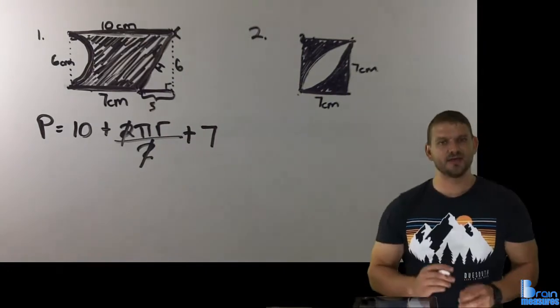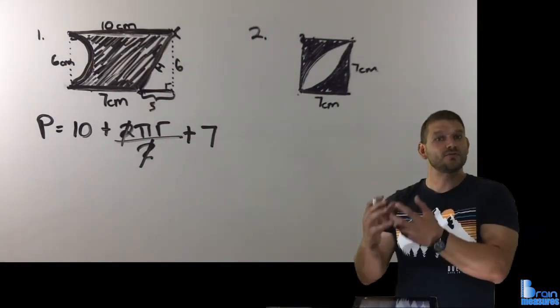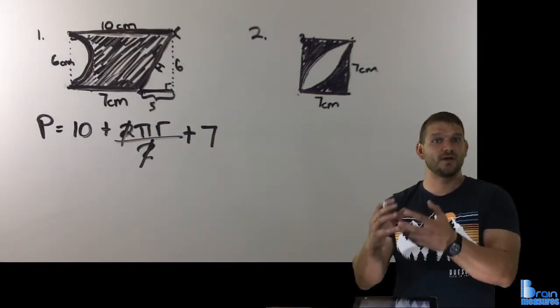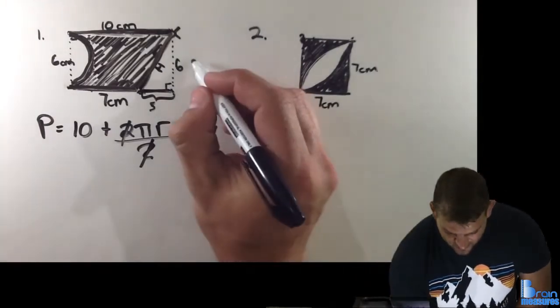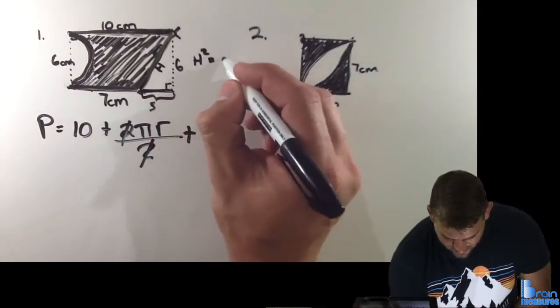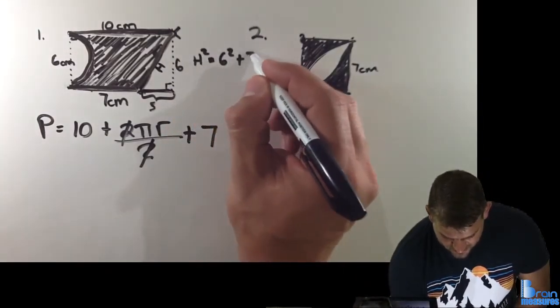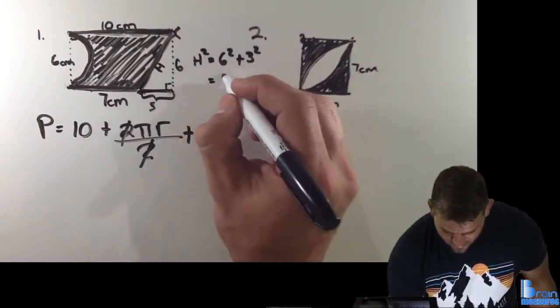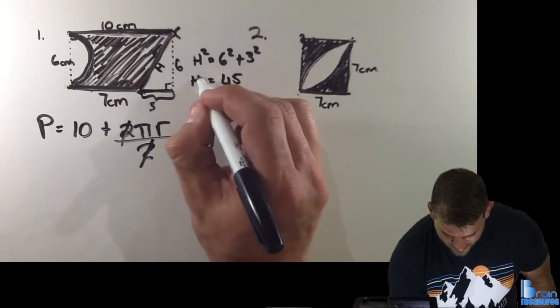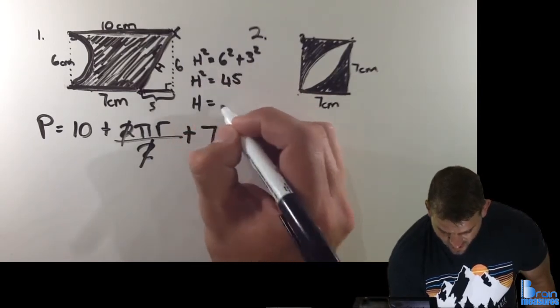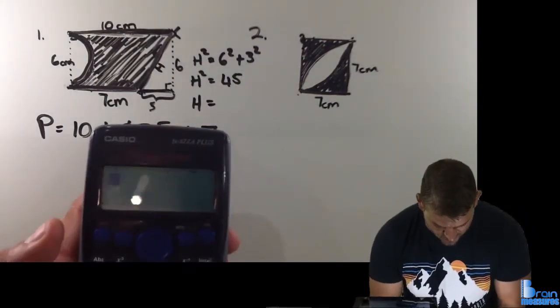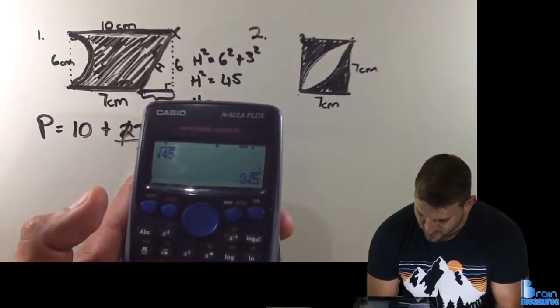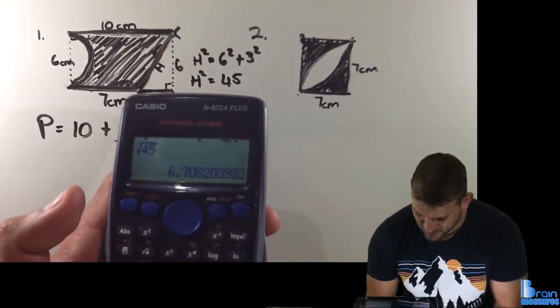So the main thing here is, again, the sum of the squares of the two shortest sides equals the square of the hypotenuse. So that would be h squared is equal to 6 squared plus 3 squared. That gives me 45, and that would be h squared. But I want the hypotenuse, not the hypotenuse squared, which gives me 3 root 5, or 6.71.